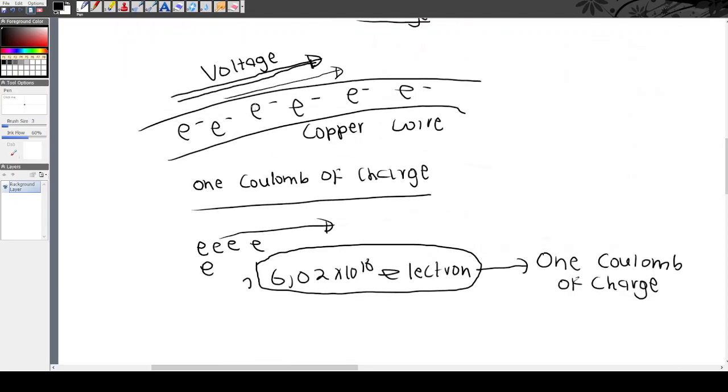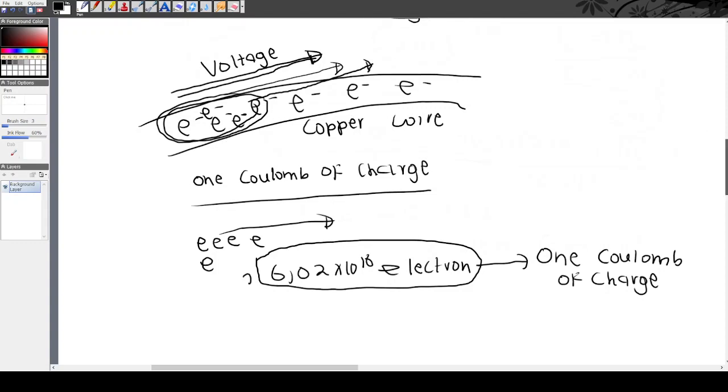So voltage is the amount of energy needed to push this group of electrons. Let's say the group of electrons is forming 1 coulomb. So when you want to move these groups of electrons to the right, it means you need some voltage.